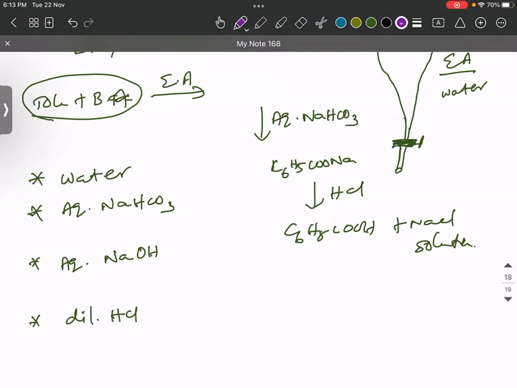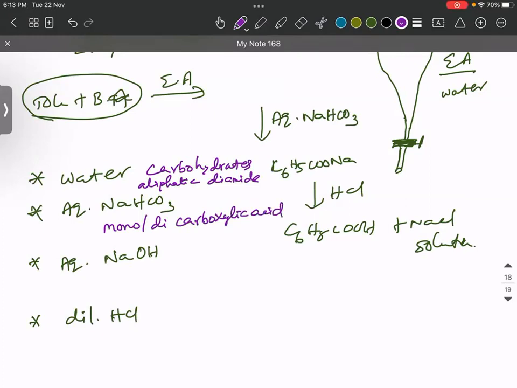Water soluble compounds are mostly carbohydrates and aliphatic diamides. In aqueous sodium bicarbonate, we have mono or dicarboxylic acids. In aqueous sodium hydroxide, carboxylic acids along with phenols. Liquid phenol, solid phenol, everything is there.